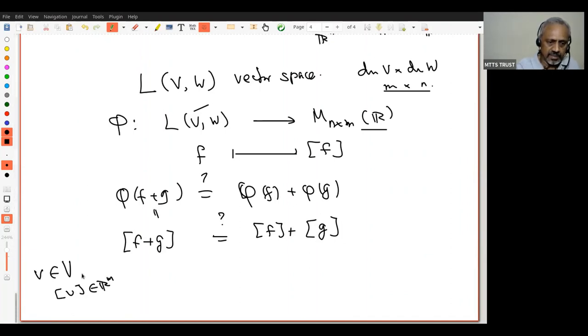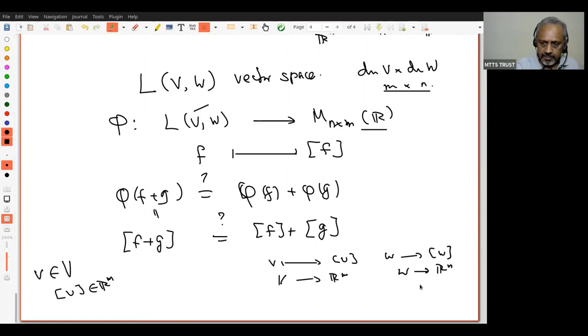Notice that v going to its coordinate vector is an isomorphism of V to Rm, and similarly w going to its coordinate vector is an isomorphism of W to Rn. Under coordinate maps, we had already seen in the ordered basis coordinate maps episode that these are all linear isomorphisms.